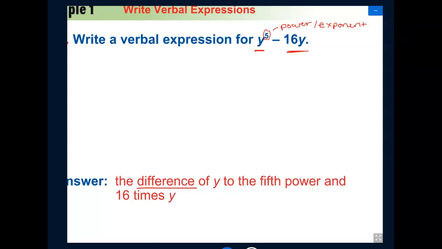Minus is a little elementary school. You guys aren't in elementary school anymore. You're in high school. You are grown up. So we'll say the difference, which is a fancy word for subtraction, of y. So that's that first y right here.